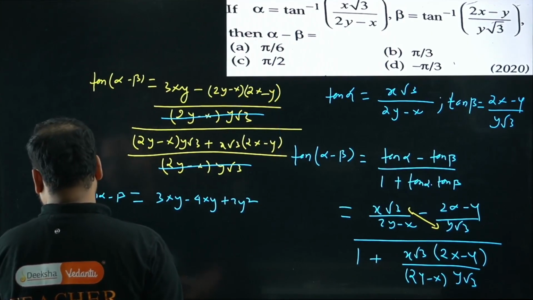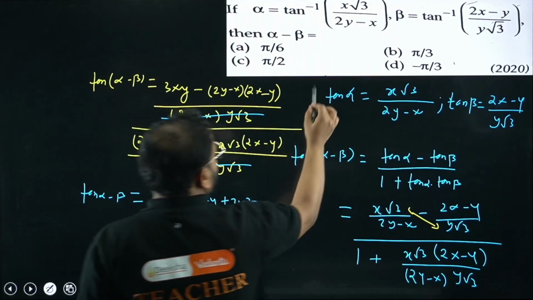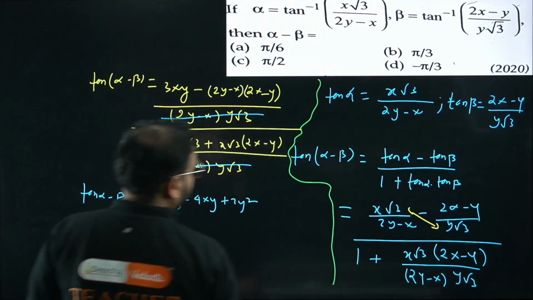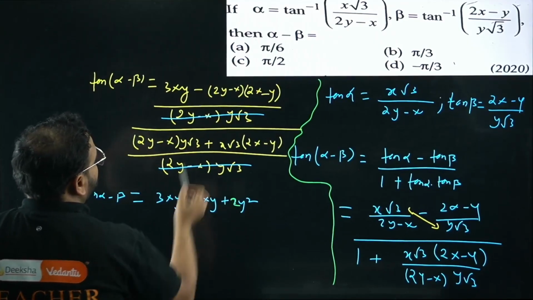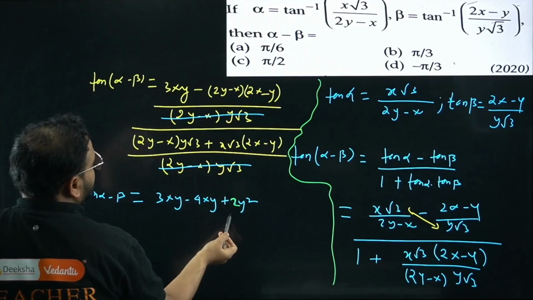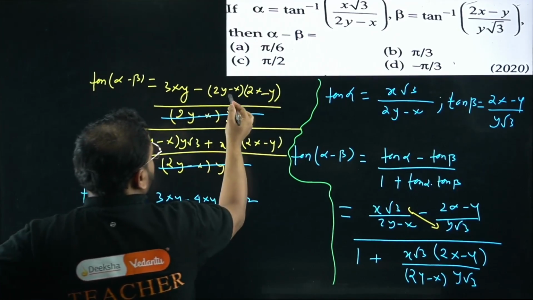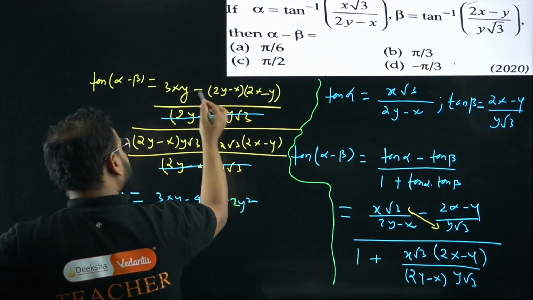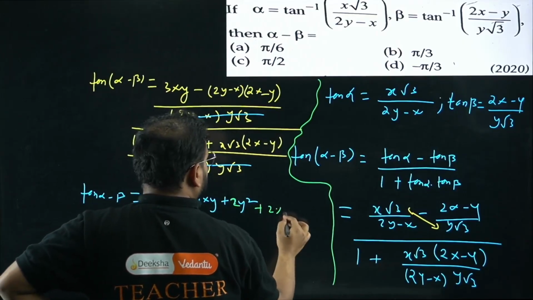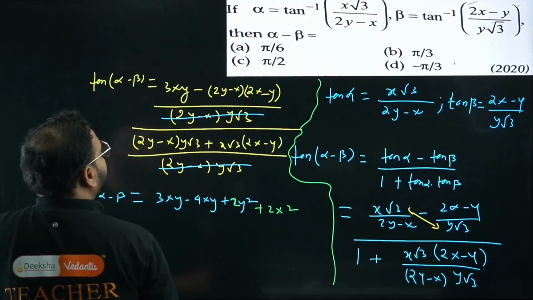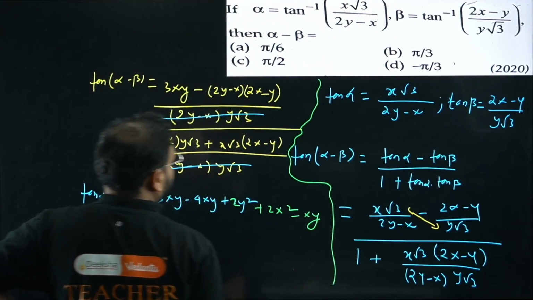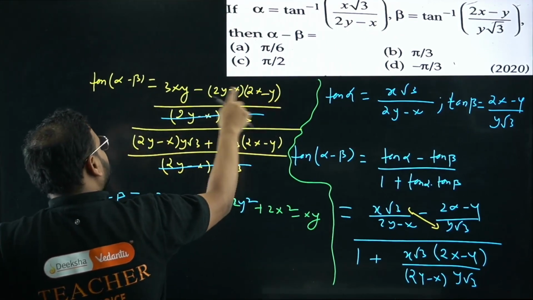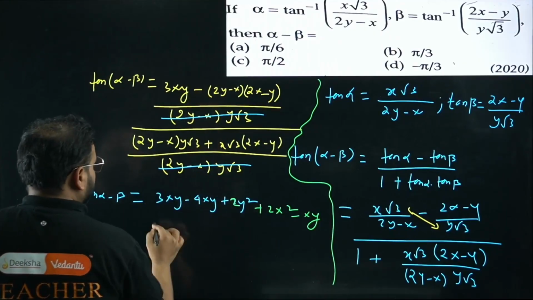2y into y becomes plus 2y square. Minus x into 2x becomes plus 2x square. And the last one, x into y is plus xy, with a minus sign, so minus xy. This is the numerator.